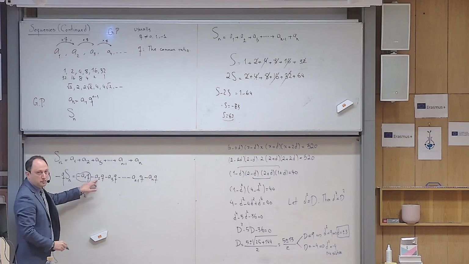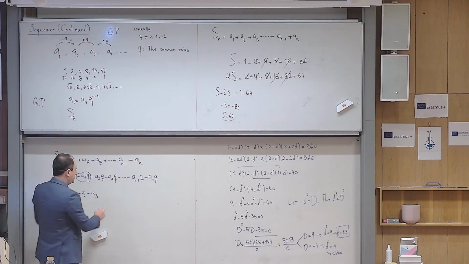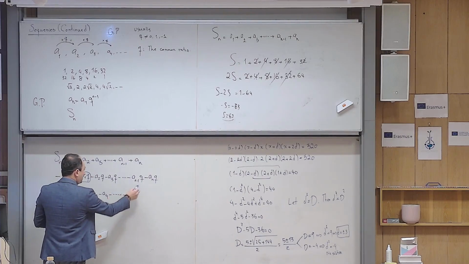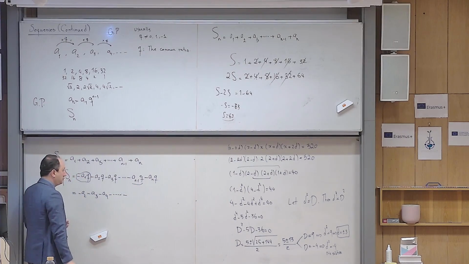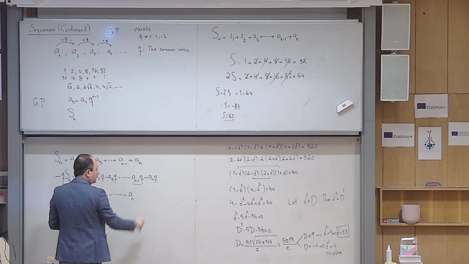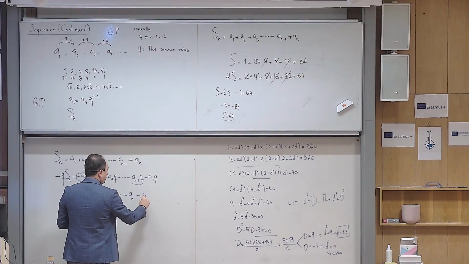For the same reason, this becomes minus term number 3, yes? This becomes minus term number 4, and then if I continue this process, can you tell me what happens here? Minus a term number n, but for this one, it becomes a(n plus 1). Let us keep it like this. So I make an exception. I keep it exactly as this.